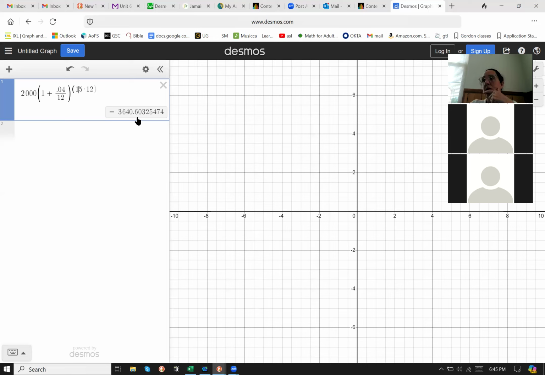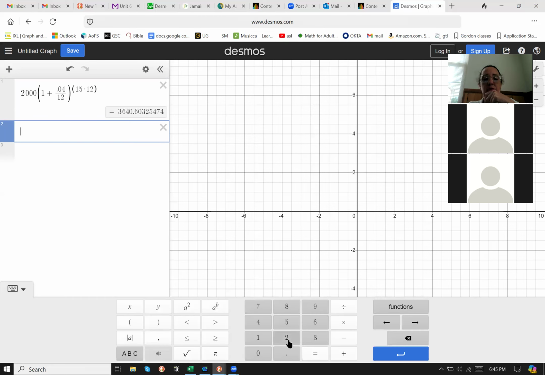I'm having a hard time doing the 12 and the 15. If you need me to, I can show you how I entered everything with the keypad. So there's 2,000. Okay, I got that now, but I swear that's what I just put in. That's what I had the first time and it said that it was wrong. It could have just been a typo.